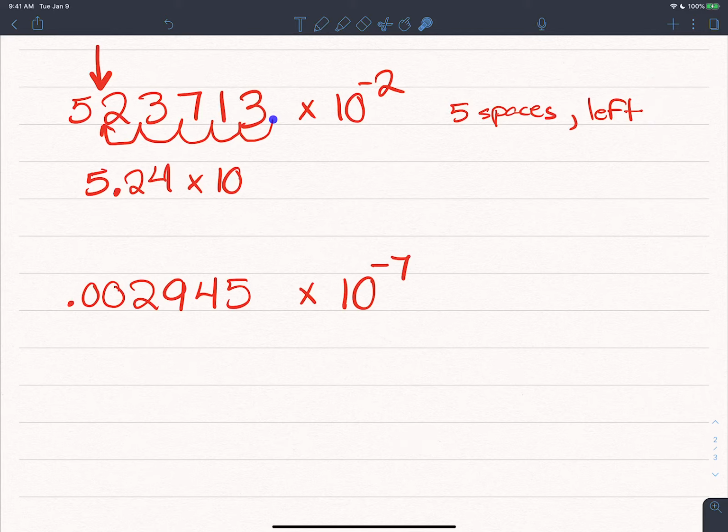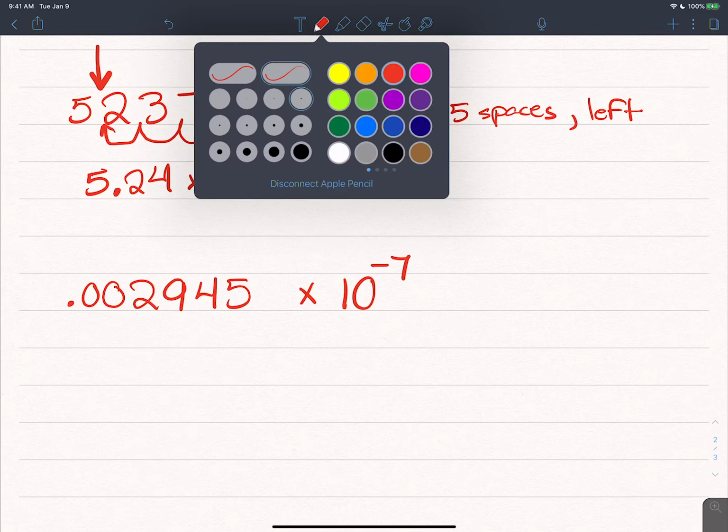So we're at -2. Going up is -1, then 0, 1, 2, and then 3. So we end up at 10 to the third. And that's that one in scientific notation. Now let's do the next one.